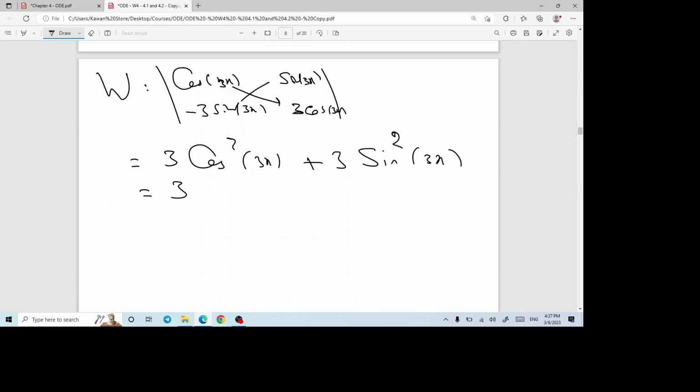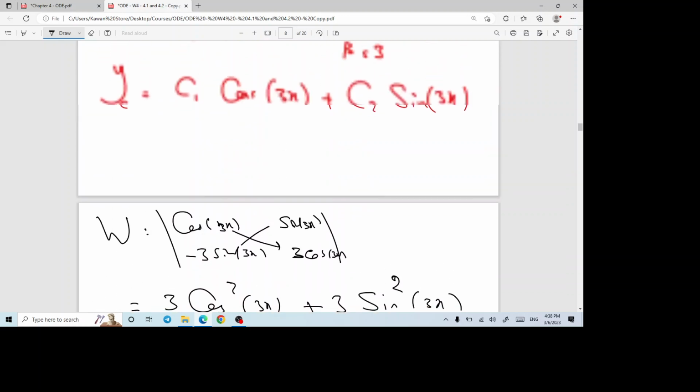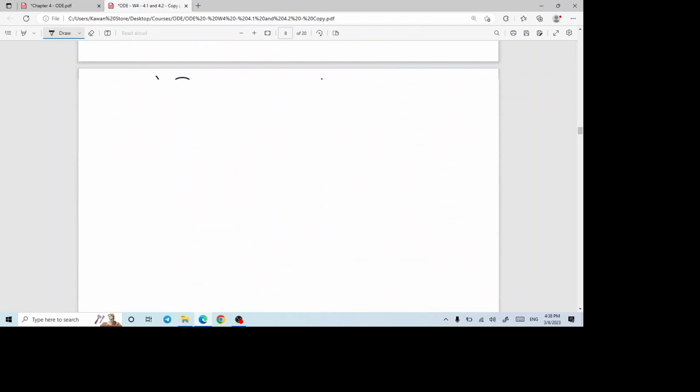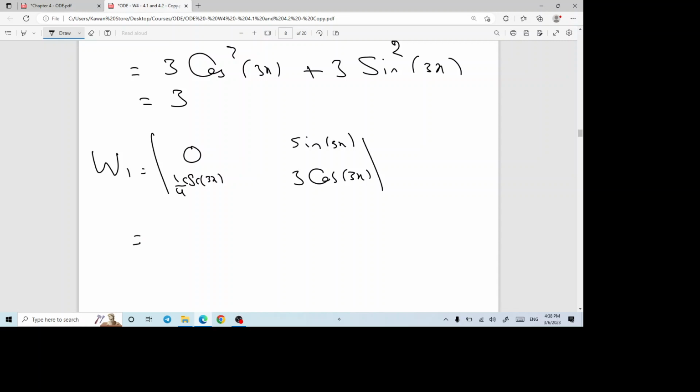Now that's easy, it's not hard. How about W1? Here we have 0 and 1 over 4 cosecant, right? Because we changed it to standard form. Careful. W1 is equal to minus 1 over 4.